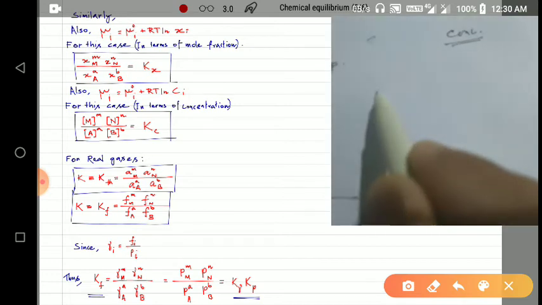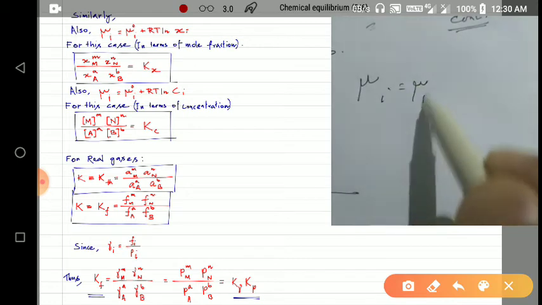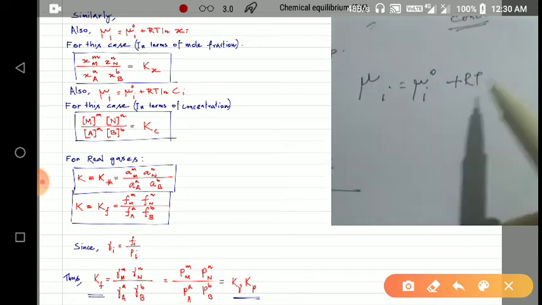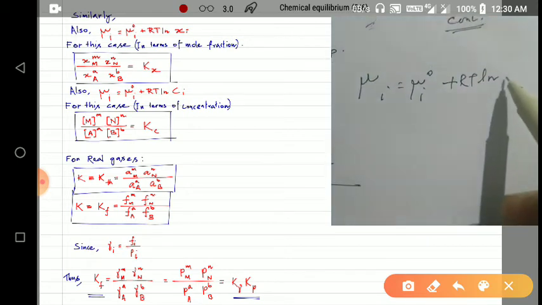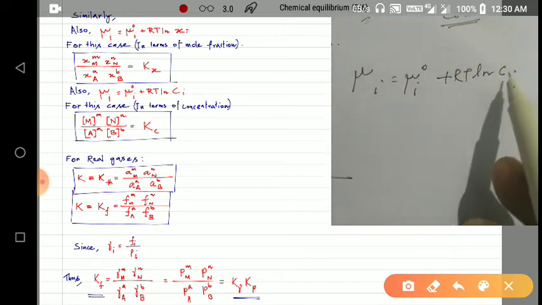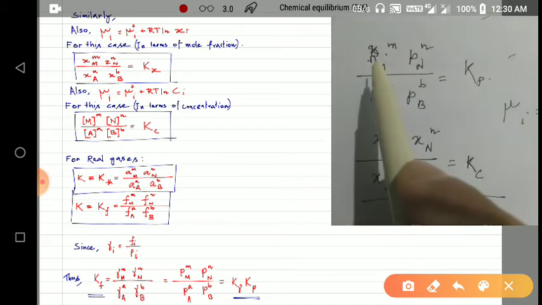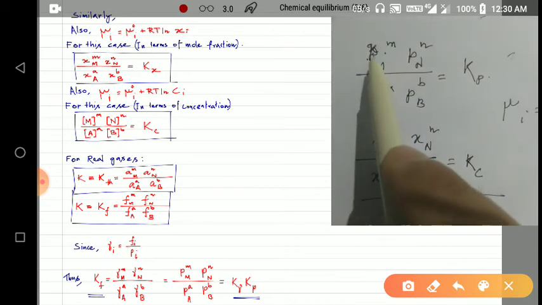So in such cases, mu_i is equal to mu_i naught plus RT ln, and in place of p_i we can write c_i, the concentration.